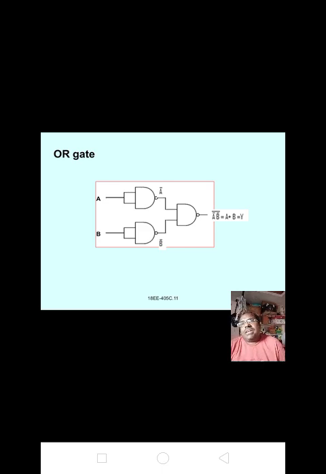Giving A to the first NAND gate, we get the output A bar. Giving B to the second NAND gate, we get the output B bar. These two outputs are given to the third NAND gate. We get the output Y equal to (A bar into B bar) whole bar equal to A bar bar plus B bar bar, that equals A plus B, that equals Y. The output is an OR gate.